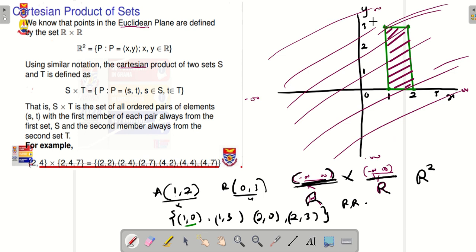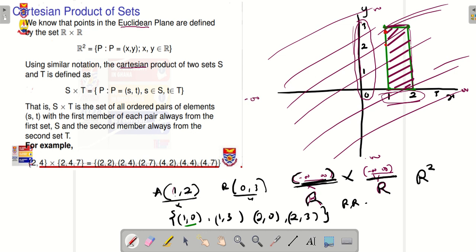But if I pick only 1 and 2 from the x-axis, and I also pick 0 and 3 from the y-axis, then using only these two sets, we are able to generate a plane, which is a finite plane. This is a finite plane, which is bounded by these points.